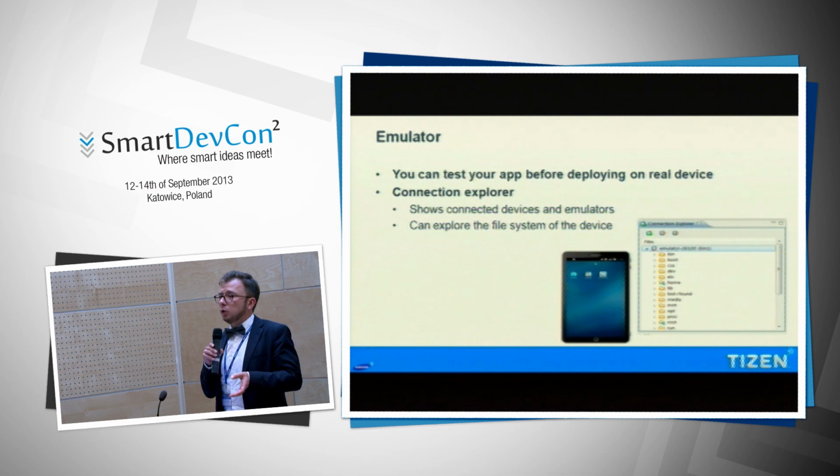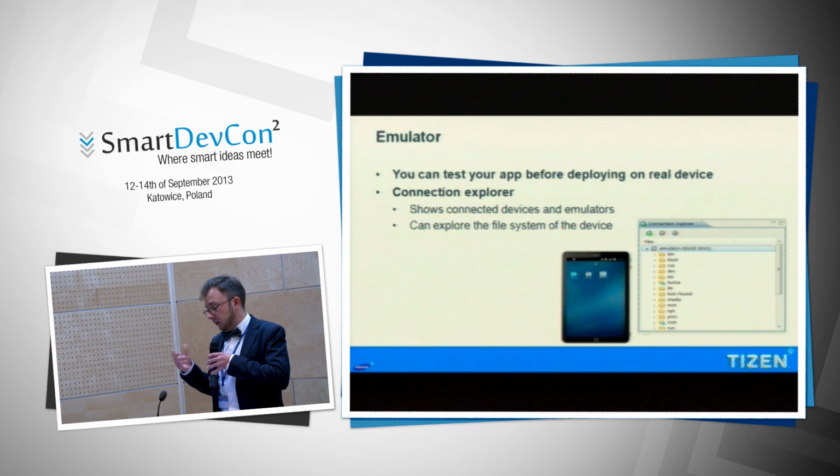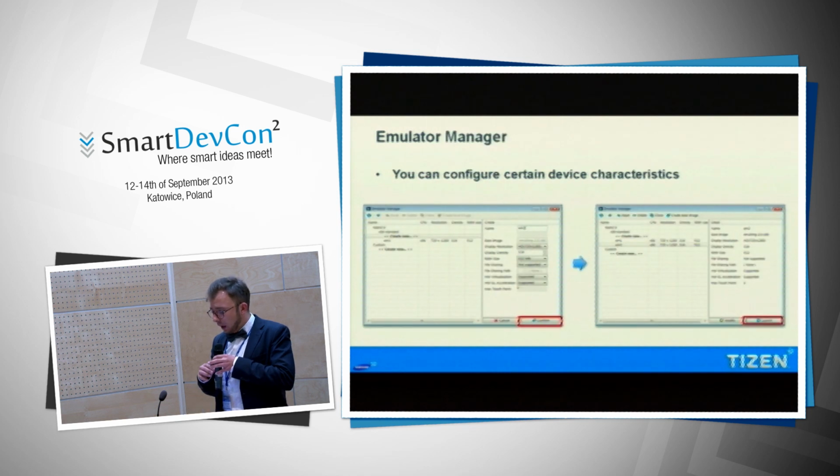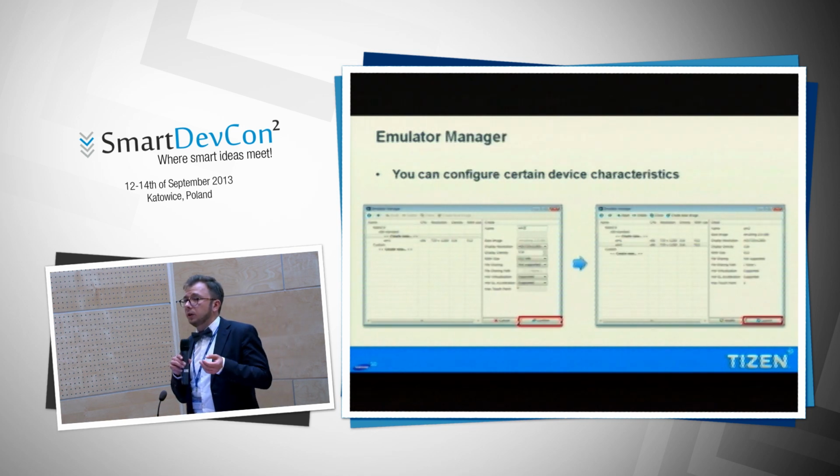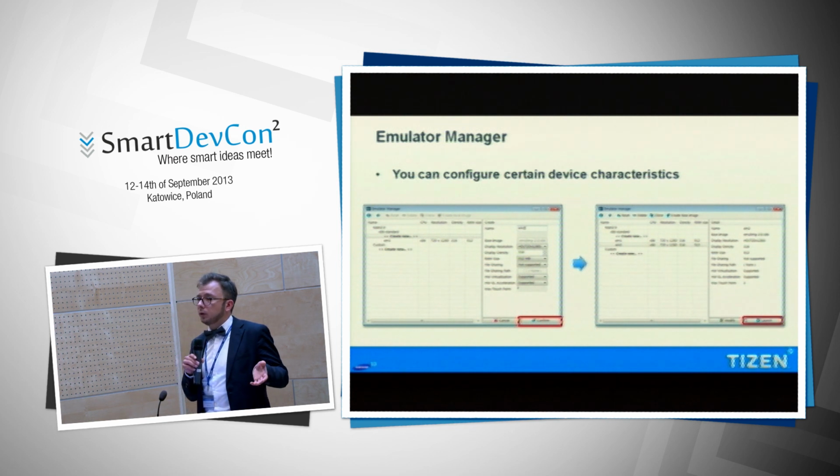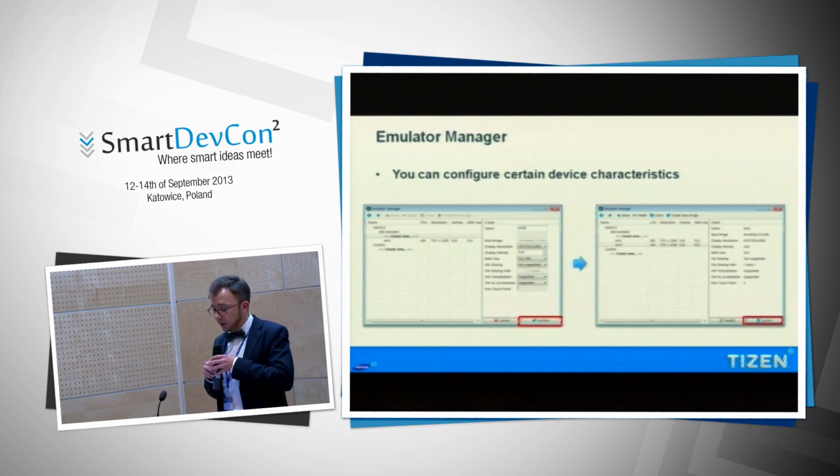I mean, not only the Emulator, but also physical devices. You can explore the file system. You can push your application to the device or to the Emulator. And of course, we are providing Emulator Manager, which allows you to create very different hardware configurations.